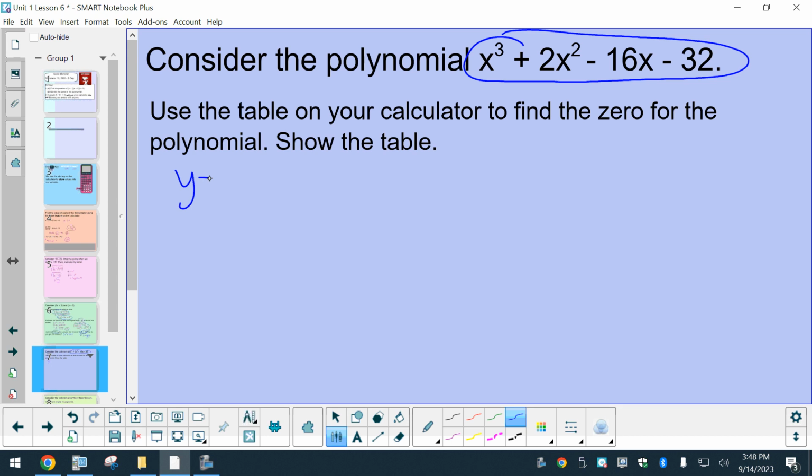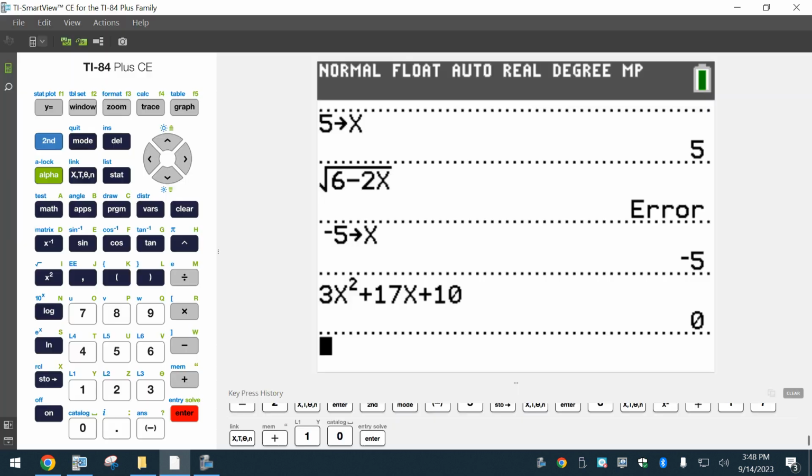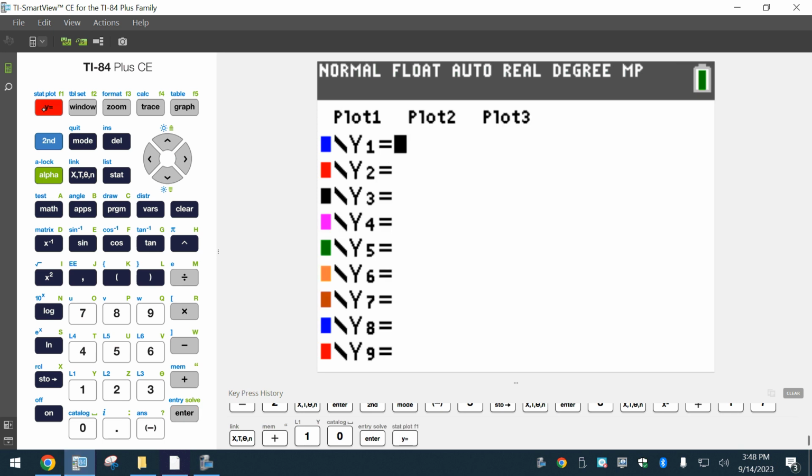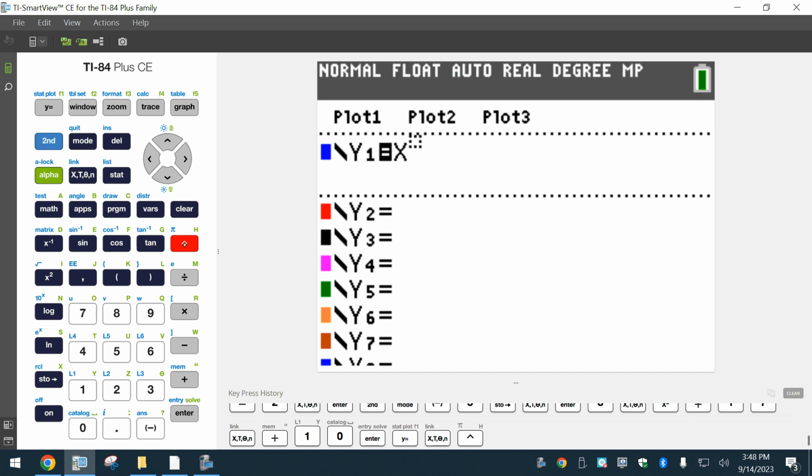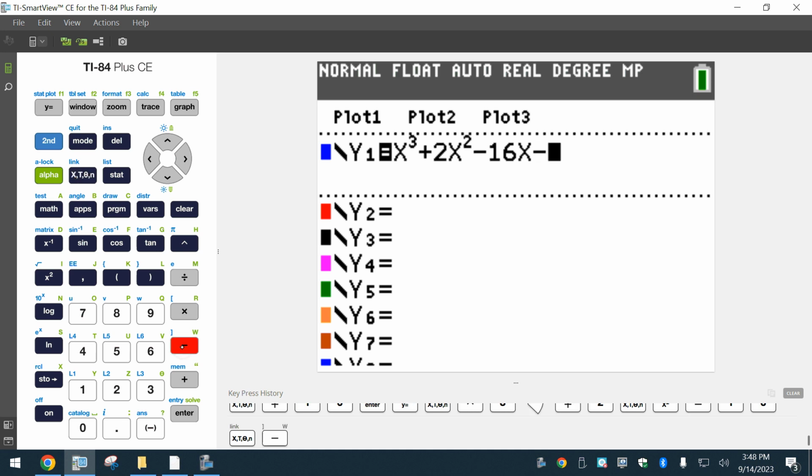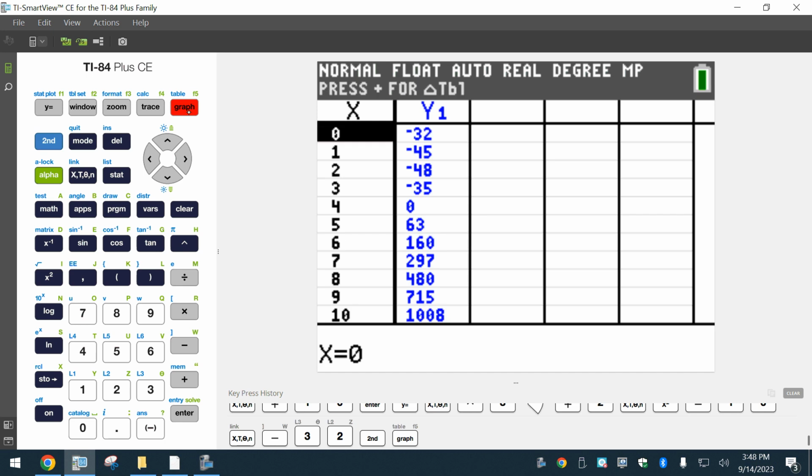So go to your y equals, type this in, x, remember the caret key raises it to any power, just hit your right arrow to come out of the exponent, plus 2x squared, minus 16x, and minus 32, okay? And we want to try to find some zeros, okay? So we're going to hit second graph. That gets us our table.